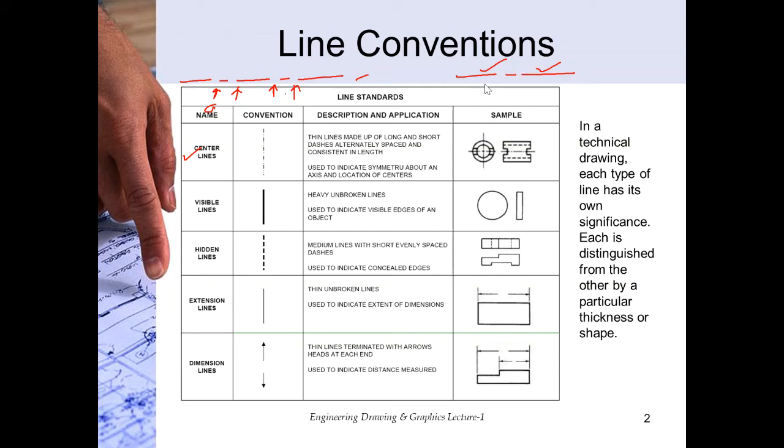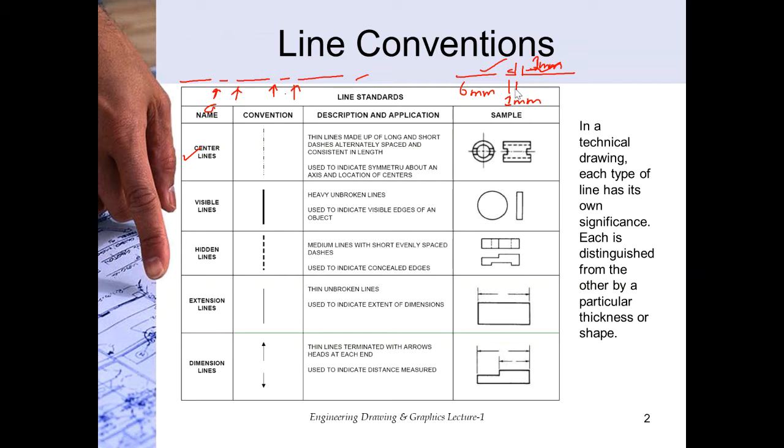The long dashes are usually 6 millimeters, the small dashes are around 1 millimeter, and the spaces between the long dash and the small dash are also around 1 millimeter. These are the standard measurements used for center lines.